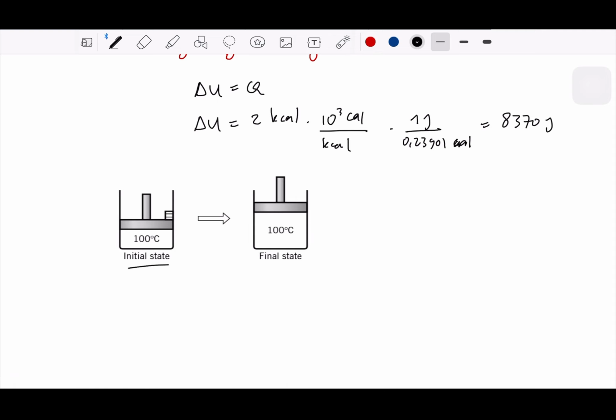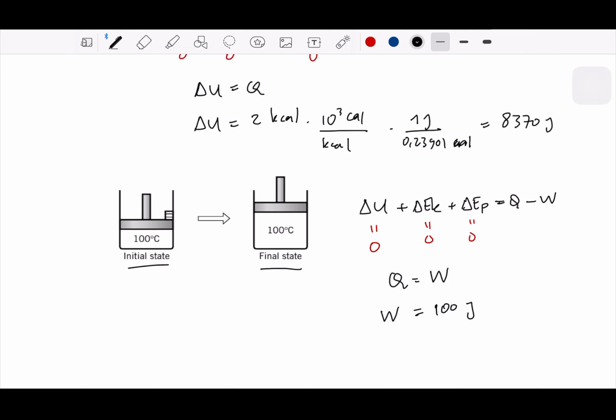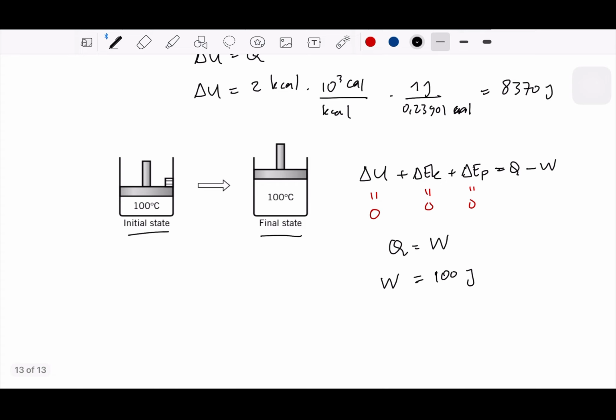From initial state 100 Celsius to final state 100 Celsius, but it's moving. We have delta U plus, you can say this is 0, this is 0, and then the internal energy change is 0. So this is the second process, right? The second process, and we have Q equal to work. The work is 100 joules, so Q is 100 joules.